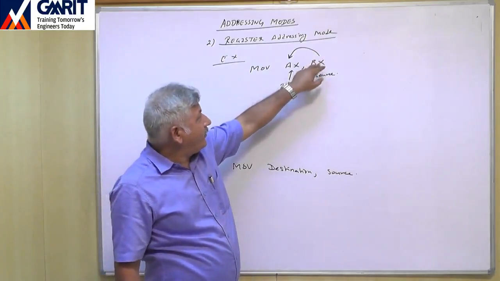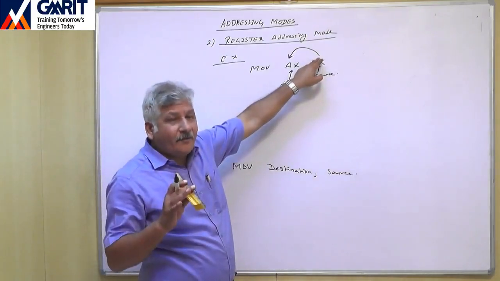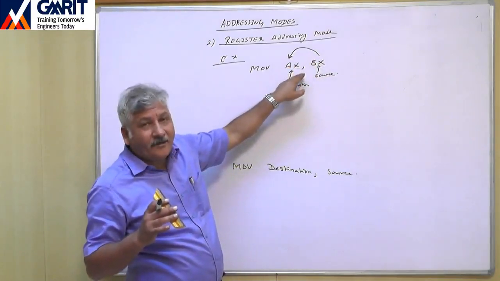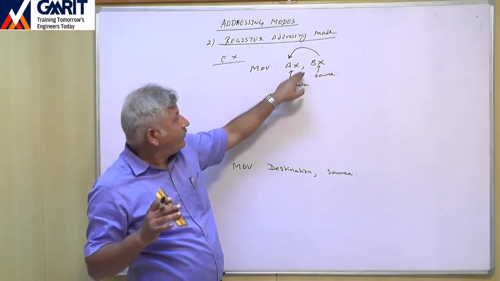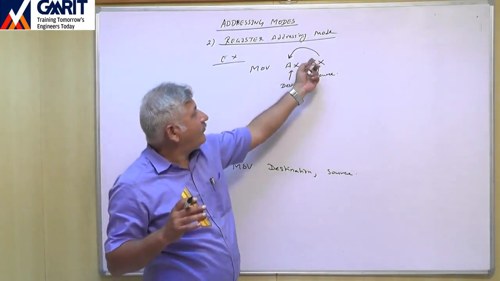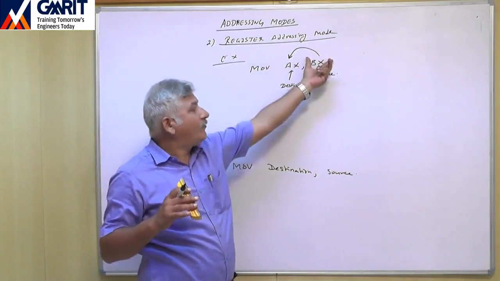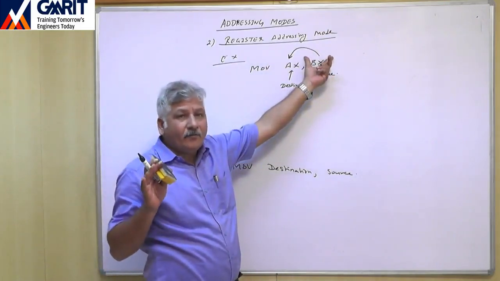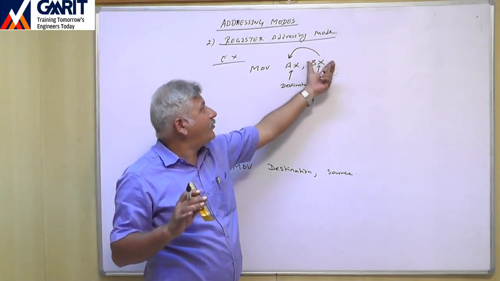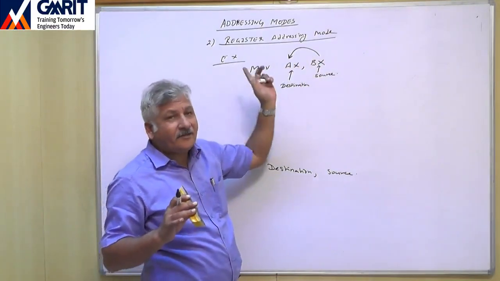So whatever is the content of BX, it will remain there in BX. But only thing is that content will be copied in AX, right? So always remember this. Students sometimes have that confusion. Move means all the data of BX will be moved to AX. Then what will be in BX? So data will be removed? No, the data will remain in BX. Only thing is its content will be copied and pasted in AX register.